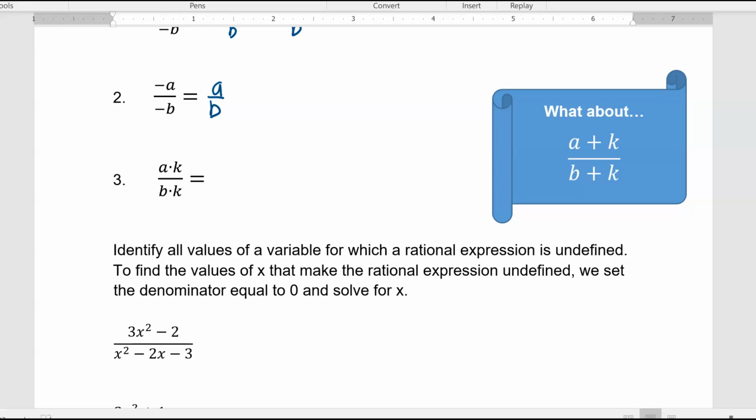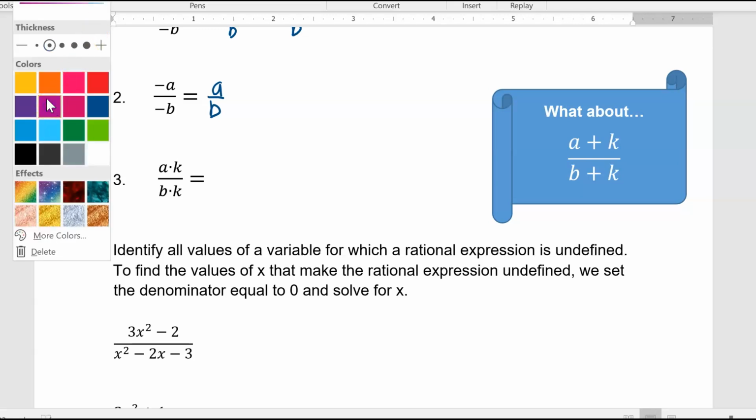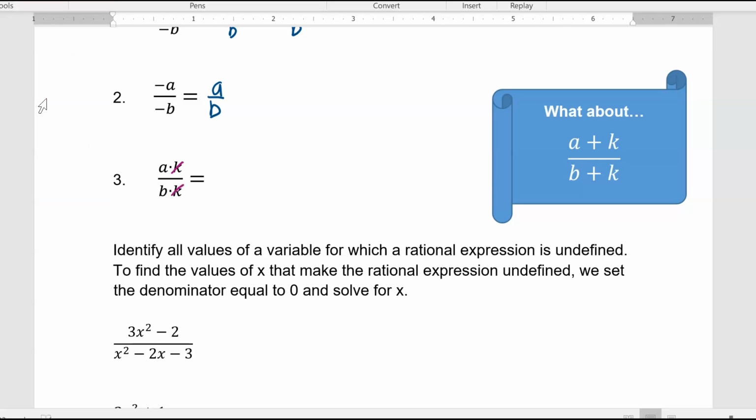A lot of times they don't realize that you can cancel out the k's because they are common factors. Because k divided by k is 1, correct? So you could cancel the k's out, and the final answer is a over b.